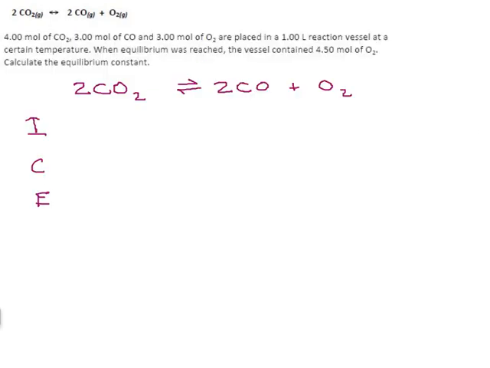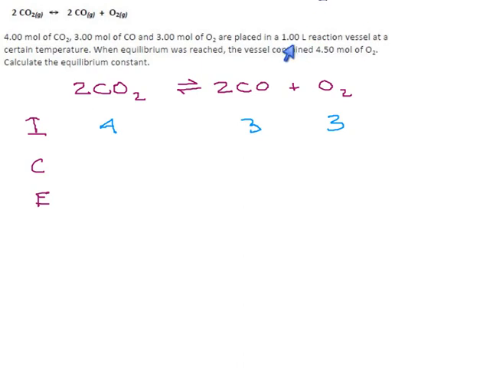Okay, what have they given us? 4 moles of CO2, 3 moles of CO, 3 moles of O2 are placed in a 1 liter reaction vessel. So can I just write 4, 3, 3? I hope that bothered you a little bit because these numbers are moles, meaning you shouldn't just blindly put those into a table. However, in this case, those are the correct numbers, and here's why.